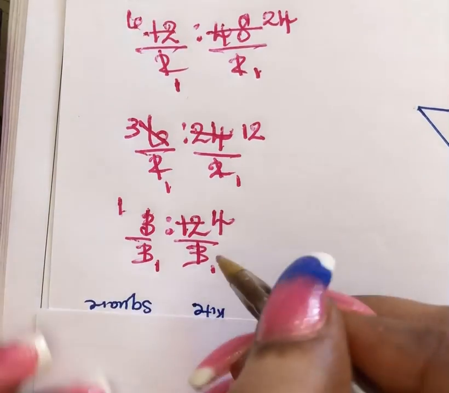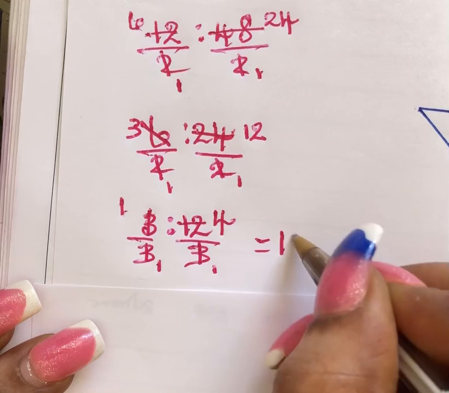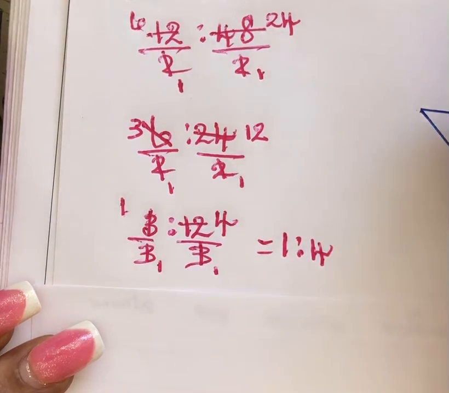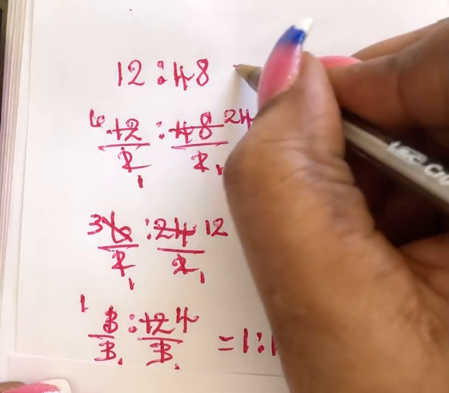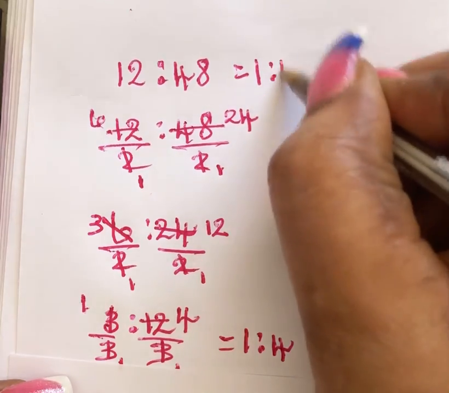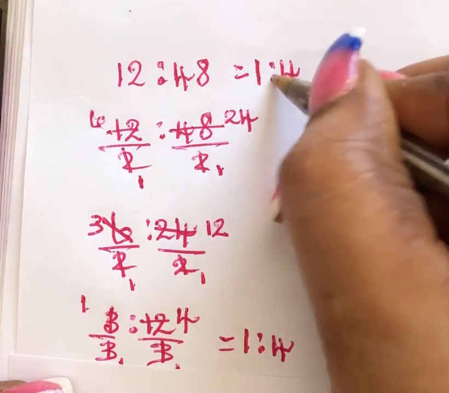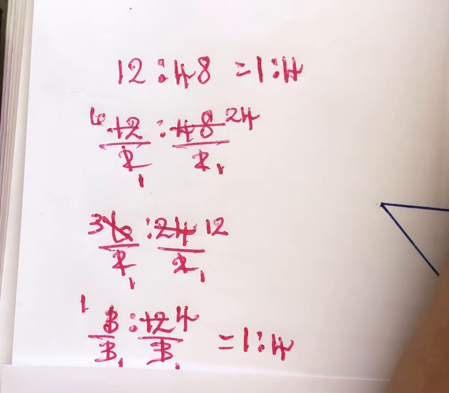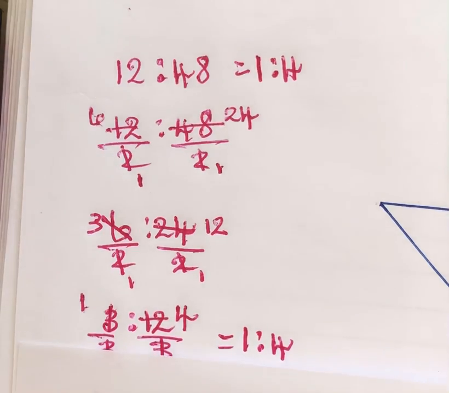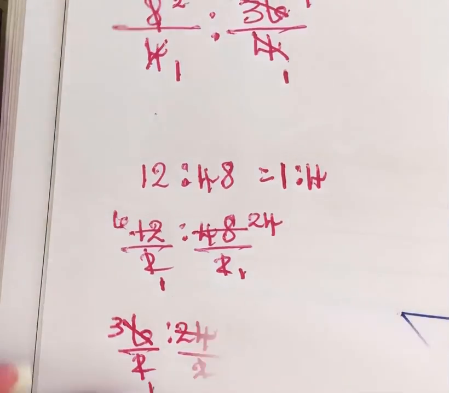And this will give us an answer of 1 to 4. So we can say 12 to 48 is 1 to 4. Again, it is whatever method you deem appropriate and simple for you to use. That is what I will encourage you to use.